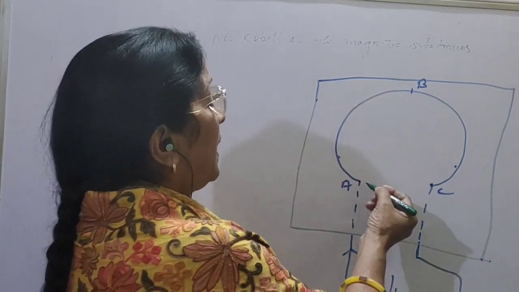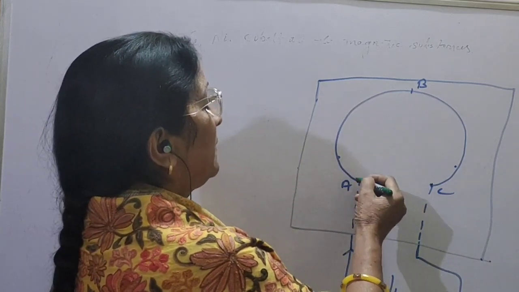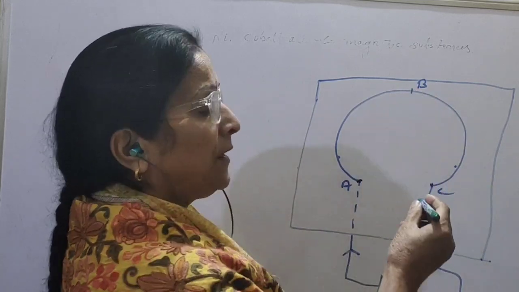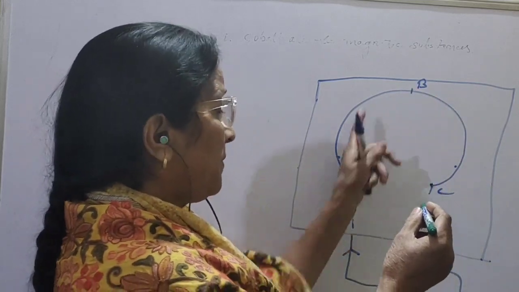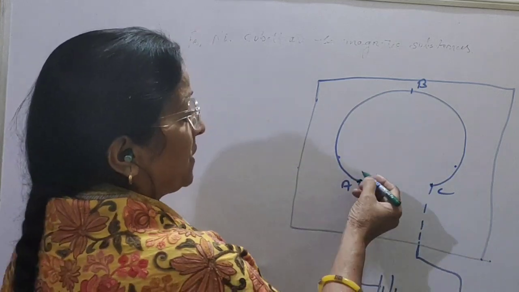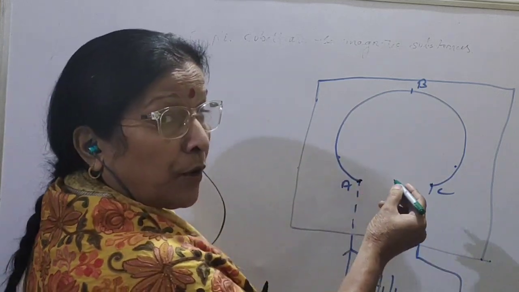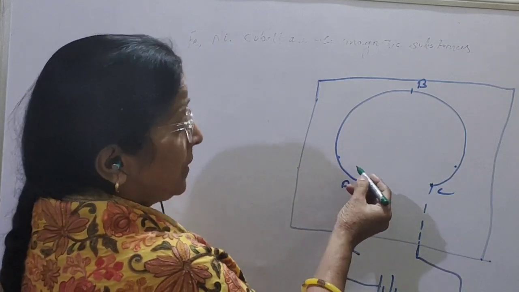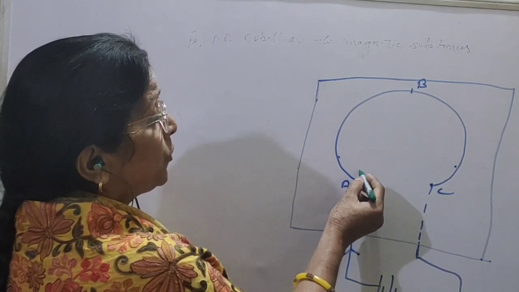The conductor has two parts here, AB and BC.